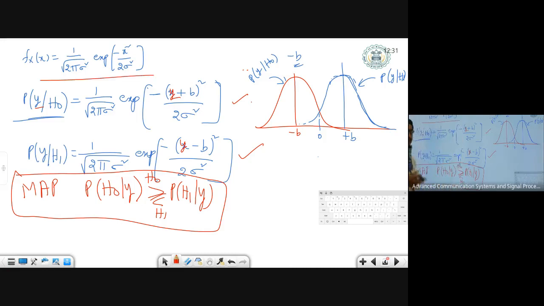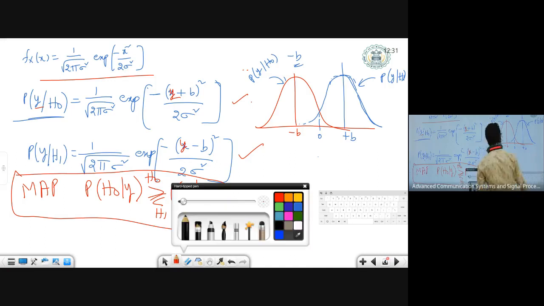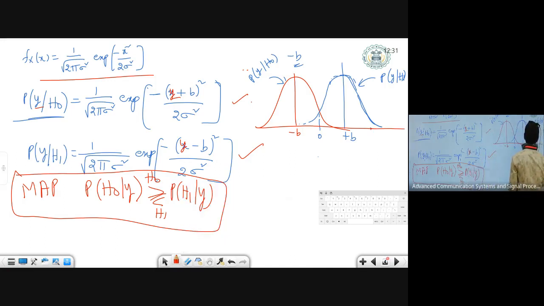Because we are considering the received variable as y, we are supposed to have these equations in terms of y only. Here the x-axis is y.